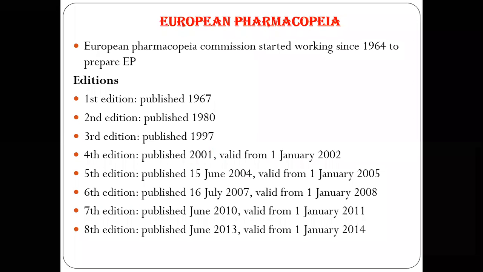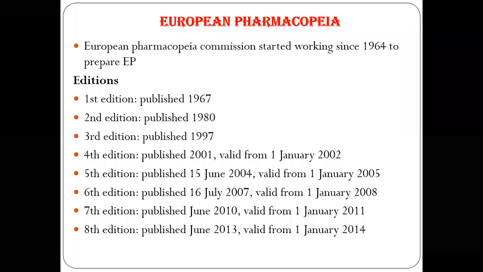Then after that, the European Pharmacopoeia was there. The European Pharmacopoeia Commission started working in 1964 to prepare the European Pharmacopoeia. In short, it is called the EP. The first edition was published in 1967. The second edition was published in 1980. The third edition in 1997. The fourth edition in 2001, then the fifth edition in 2004, and the sixth edition in 2008.